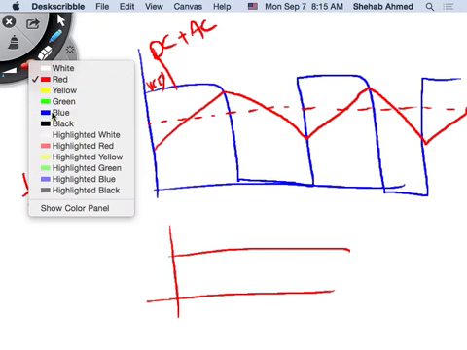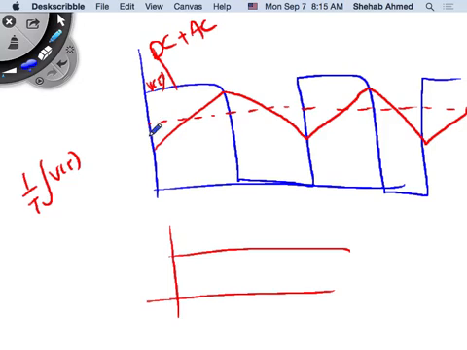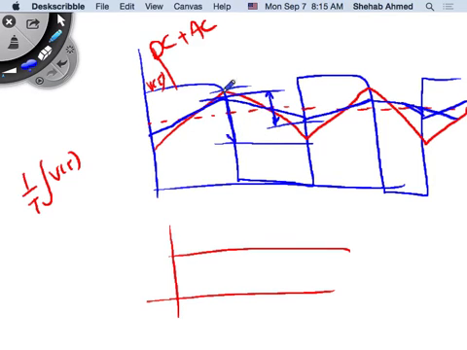Here I've removed a little bit more of the AC component. So less ripple. This one here has a lot less ripple than this initial red waveform.